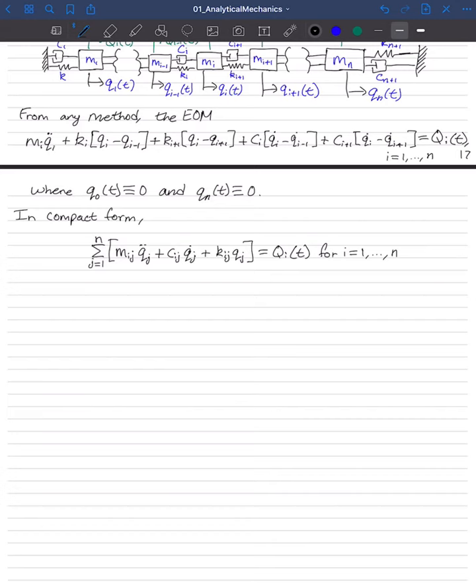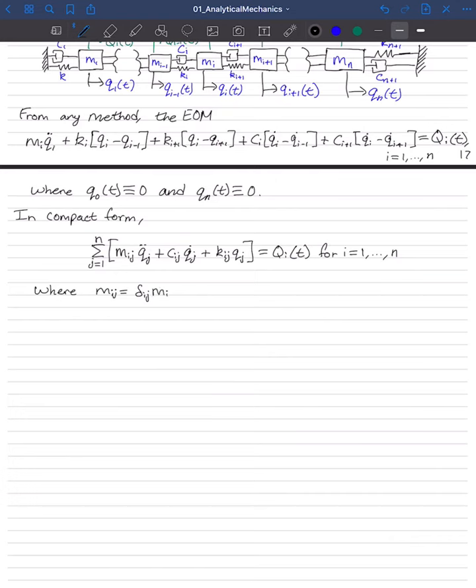Okay, and where m_ij is equal to delta_ij times m_i, and this is not the Dirac delta.